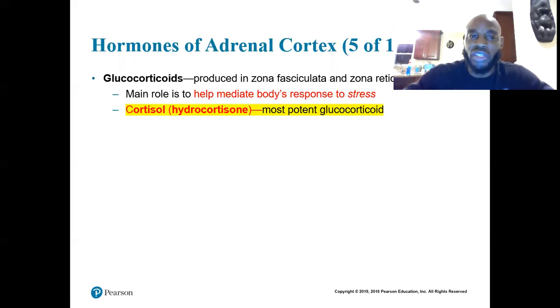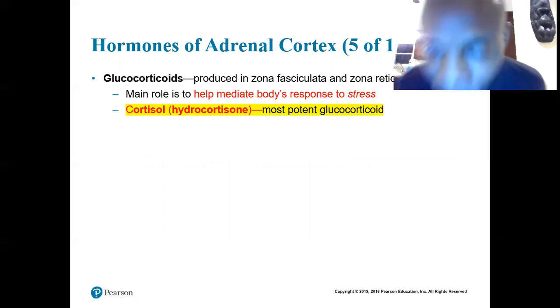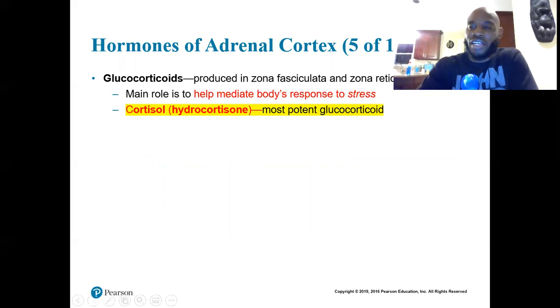Some other hormones of the adrenal cortex are glucocorticoids, and the most potent one is cortisol. Cortisol is known as your stress hormone, and the main role of these glucocorticoids is to help your body respond to stress.